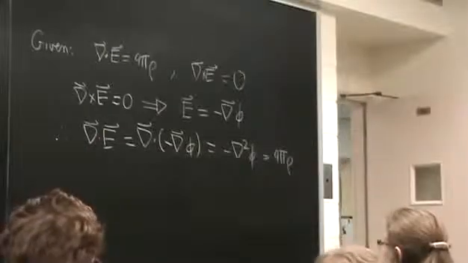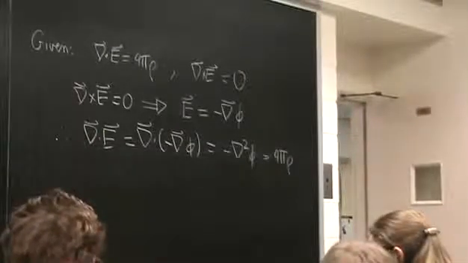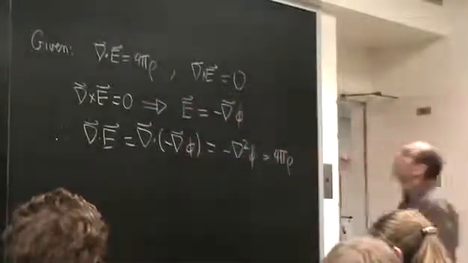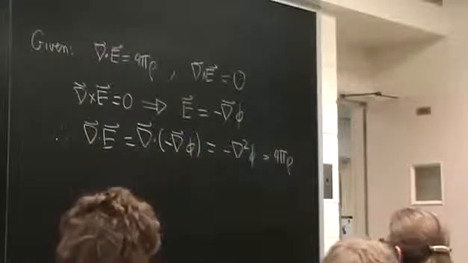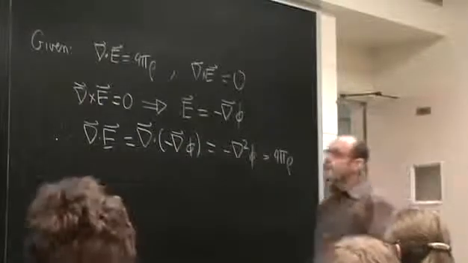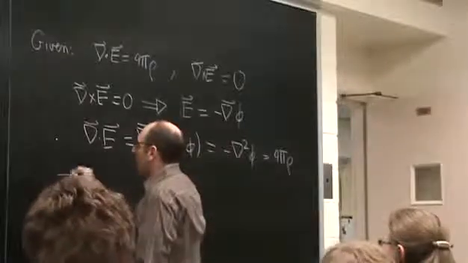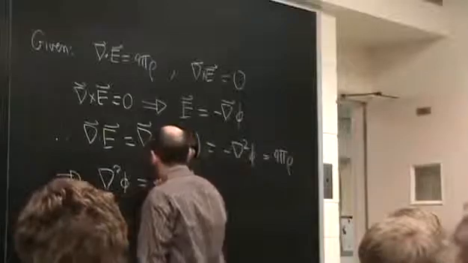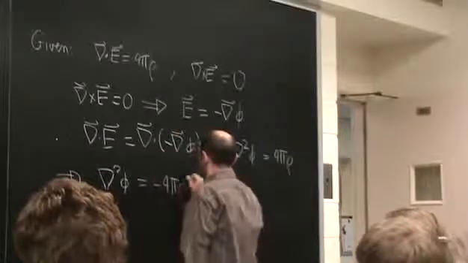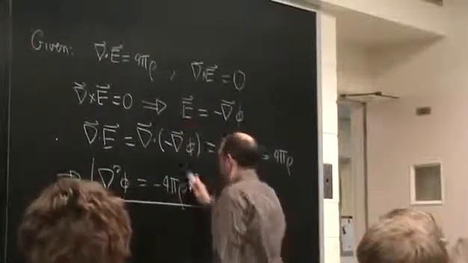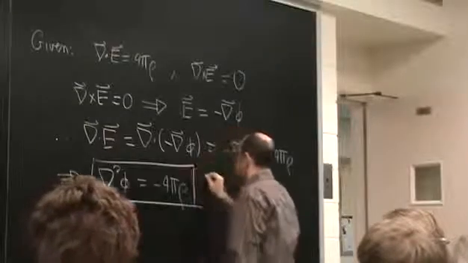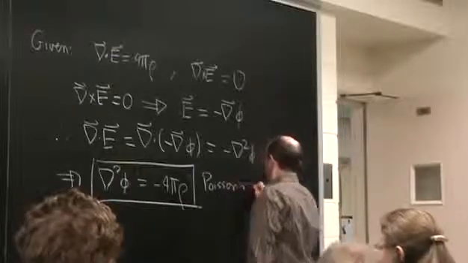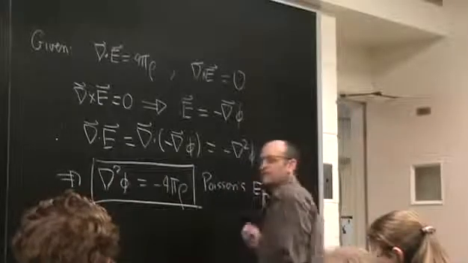So, excuse me, the combination of Gauss's law and the irrotational nature of the electric field tells us that the electrostatic potential satisfies this equation, which is called Poissons equation, not Poisson's equation.